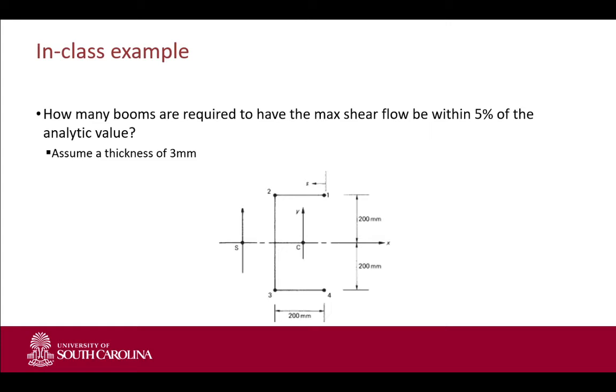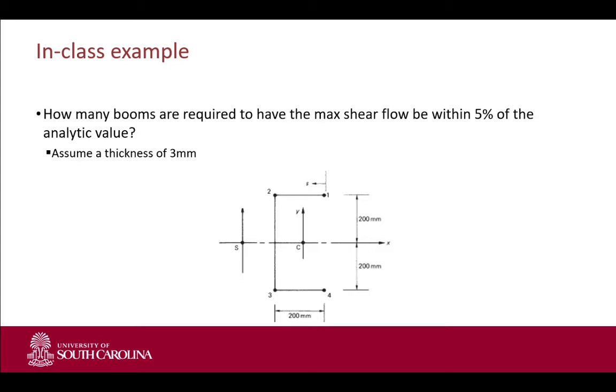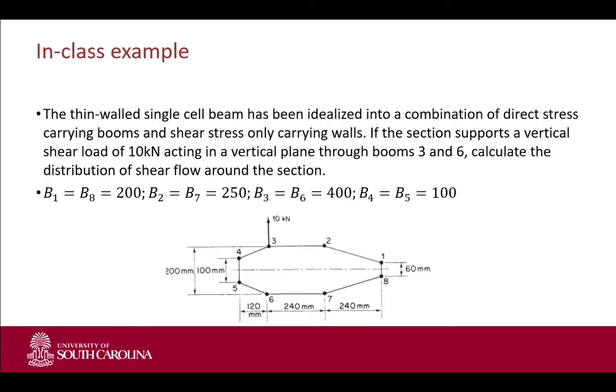I think I gave this in previous years as an exam question. In this case, you have to go through that iterative process where you calculate the boom areas, and then you can calculate what the maximum shear flow is. I think this is also a book problem. I don't remember which book problem it is by heart, but it's a very good problem to do.